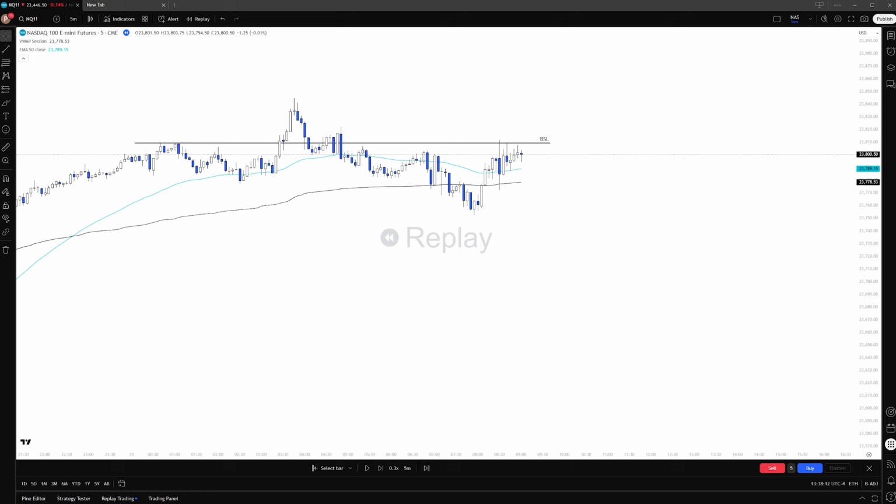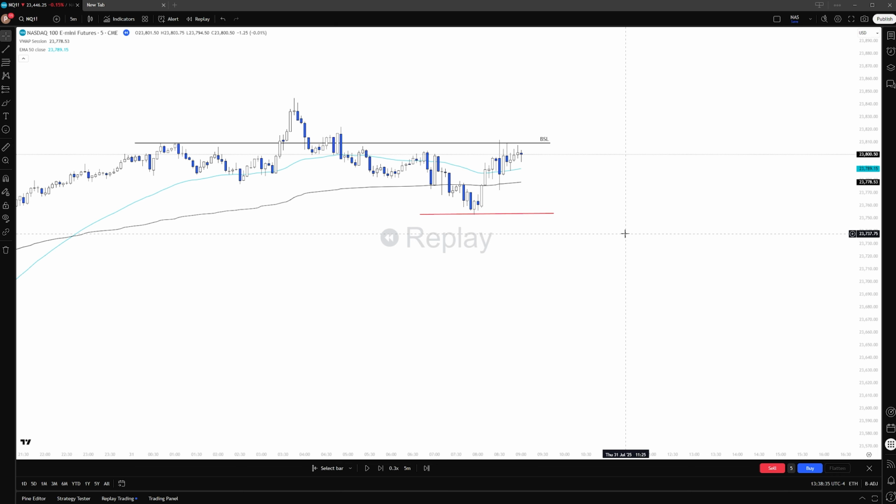So what I also want to look for next is a market structure shift. Usually I would use that as the CISD, which is the change in state of delivery. So let's just continue. What I want to see is a break of market structure. I want to see it break this low right here.